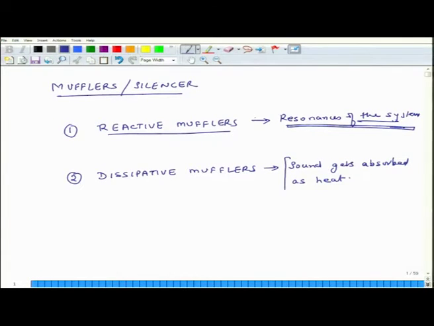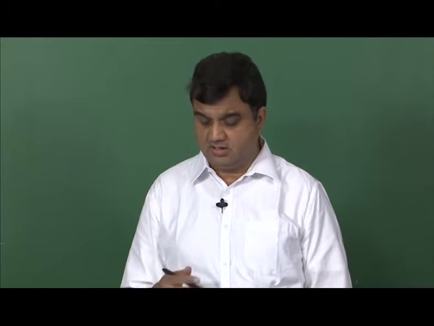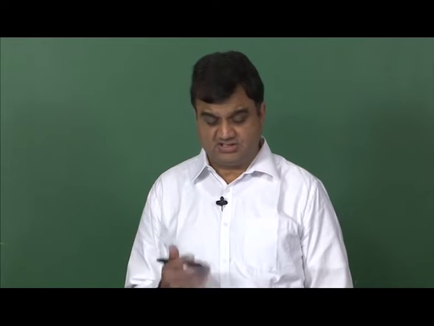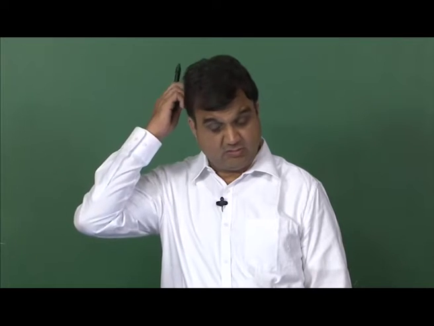These dissipative mufflers convert sound energy into heat, and it depends on what type of materials are used in the muffler, and the nature of these materials and the amount of surface area of these materials which gets exposed to the sound transmission path influences the efficiency of the design of dissipative mufflers.